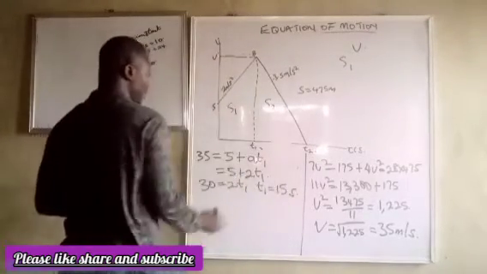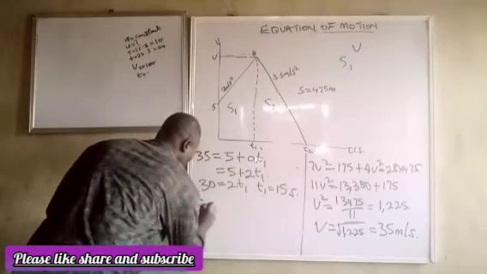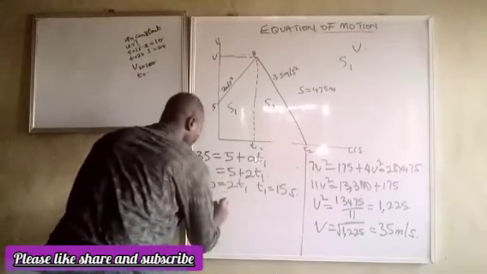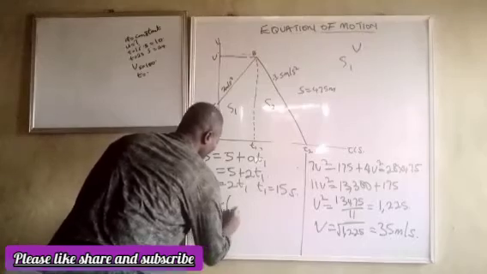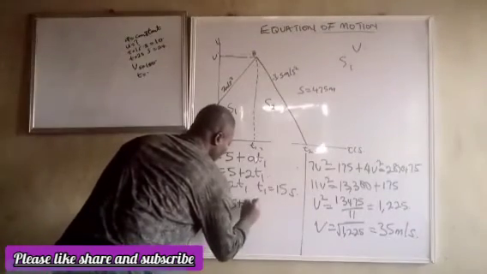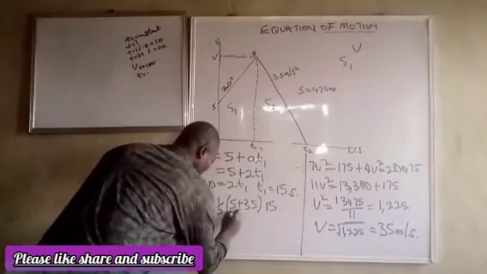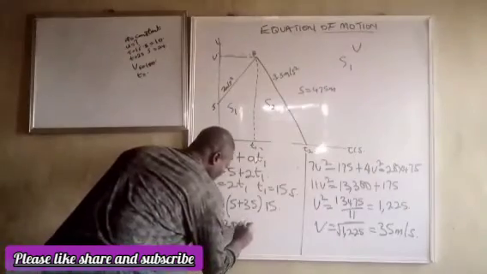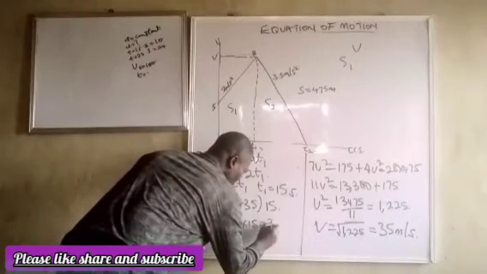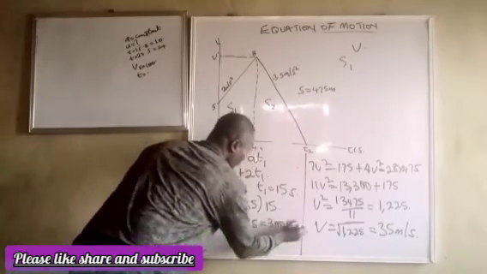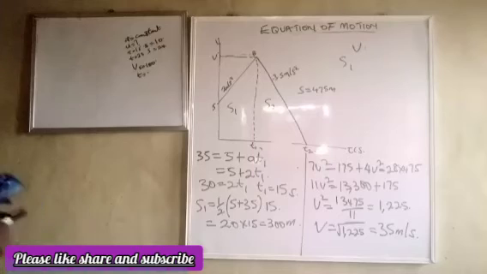So this place is 15. So S1 will be equal to half 5 plus 35 times 15, which is 20 times 15, equal to 300 meters. So the distance from A to B is 300 meters. The velocity at B is 35 meters per second.